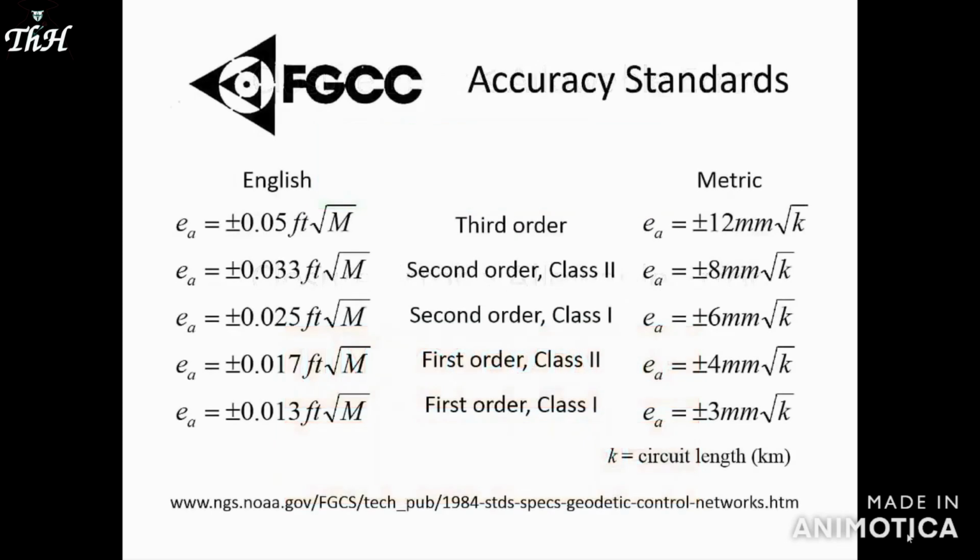This allowable error standard is one of the lower quality standards established by the FGCC, or Federal Geodetic Control Committee. Third order leveling closure, as we have seen here, is adequate for all agricultural and most construction and engineering applications.